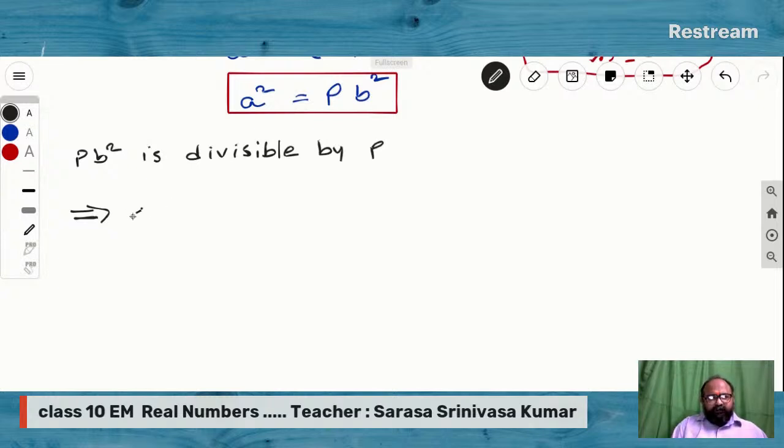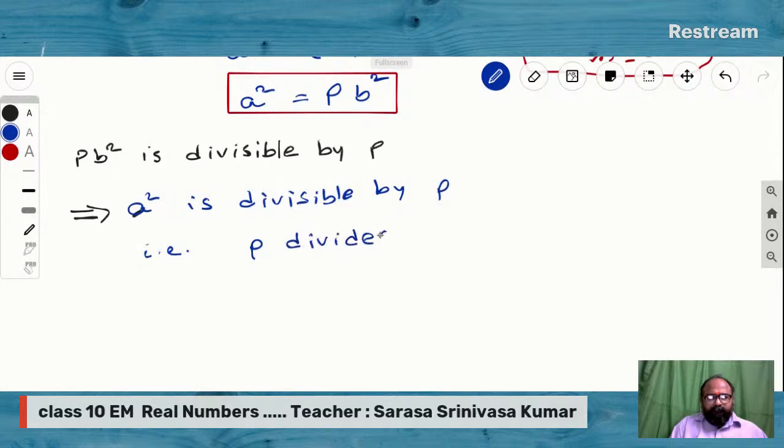So this implies that a square is divisible by p. That is what we have written, that is, p divides a square.